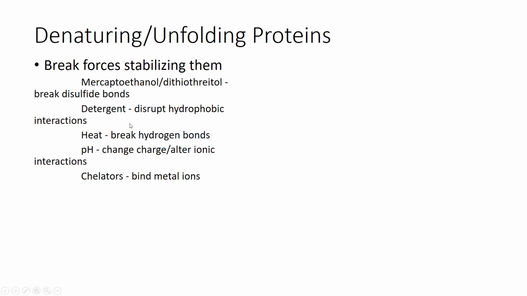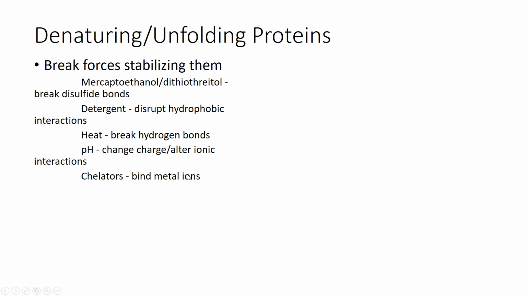Detergents are important for disrupting the hydrophobic interactions that help stabilize the folding of these proteins. Heat and pH are also very important because they break the hydrogen bonds and they change the charge and alter the ionic interactions. And chelators are important because they are agents that bind the metal ion.